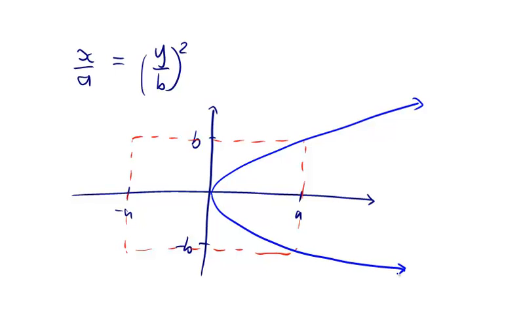And finally, there's one more version. The last version is it could be x on A equals minus y on B squared.